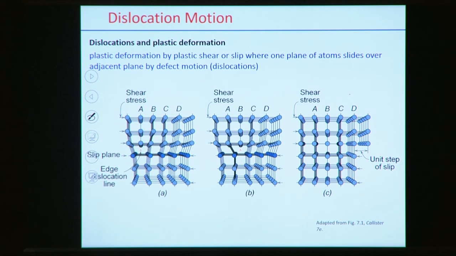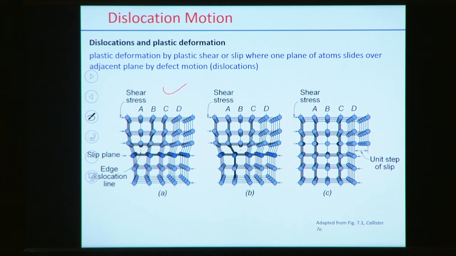So, dislocation and plastic deformation. This is the representation of the atomic arrangement of the atoms, and there exists one edge dislocation. There is an extra plane of atoms at point A, and that brings the one edge dislocation with this arrangement of atoms.